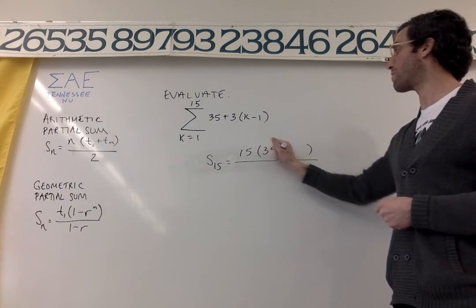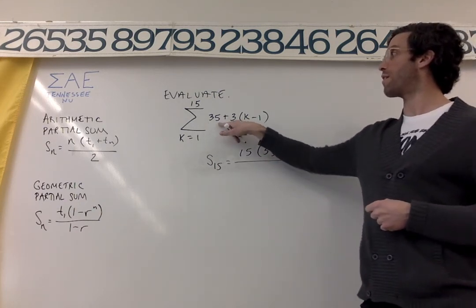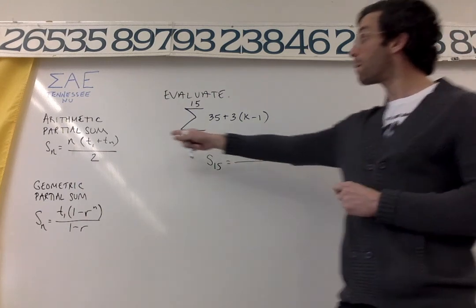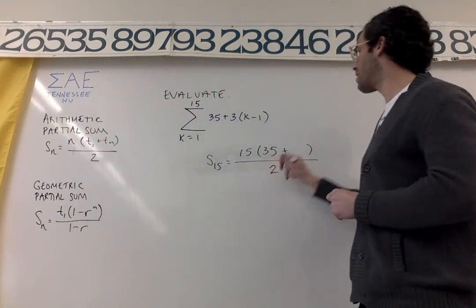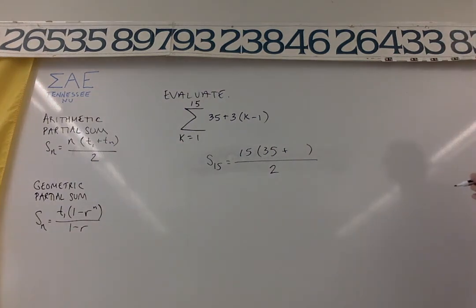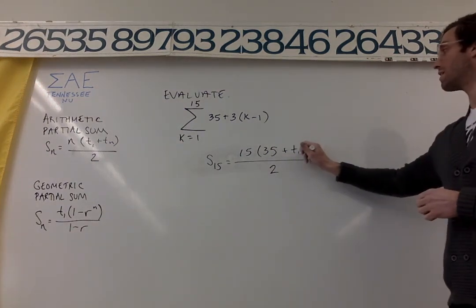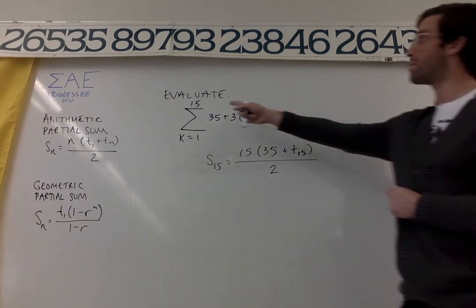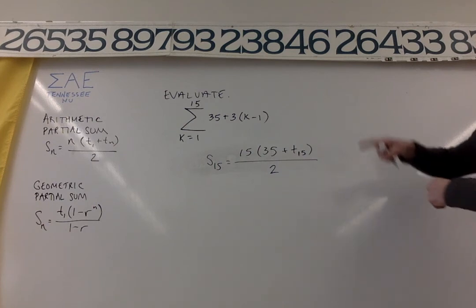Or you might just remember from the sequence formula that the first term is always t sub 1, plus t sub n, over 2. The t sub n part, unfortunately, I just erased. But that was important. That's really t sub 15. You do need the value of that last term in the partial sum.